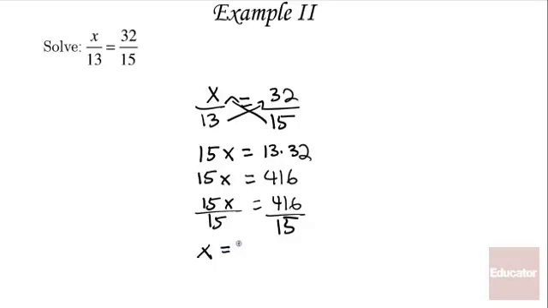This gives me x equals 416 over 15. This can be further simplified, but right now I'm focusing on how we solve for x, and that's through finding cross products and then isolating the variable. So x equals 416 over 15.